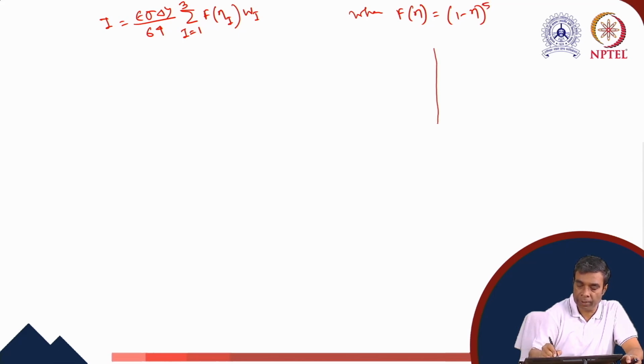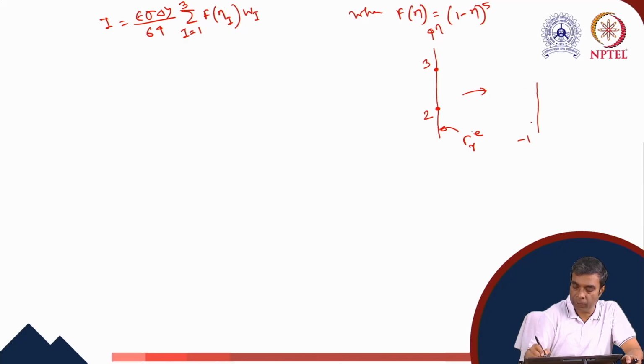So this was our element. This is the eta direction. This is local node 3, this is local node 2, this is our gamma r e. This transforms to the element from minus 1 to 1 in the eta direction.